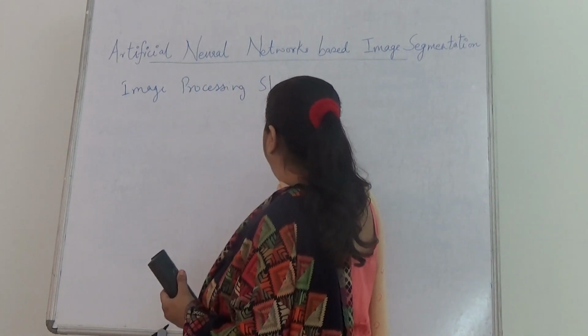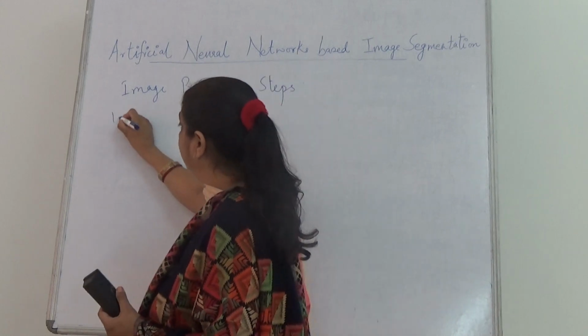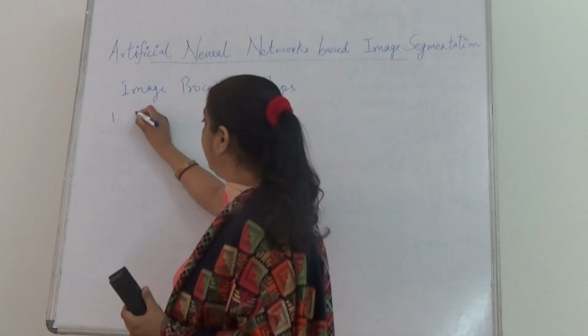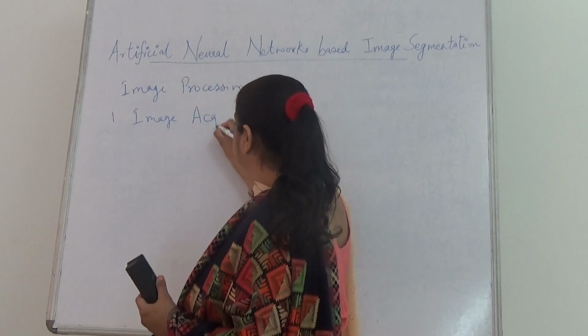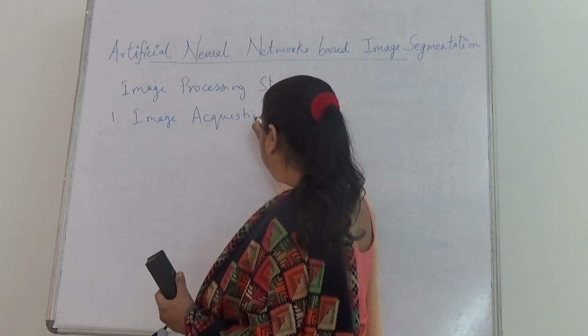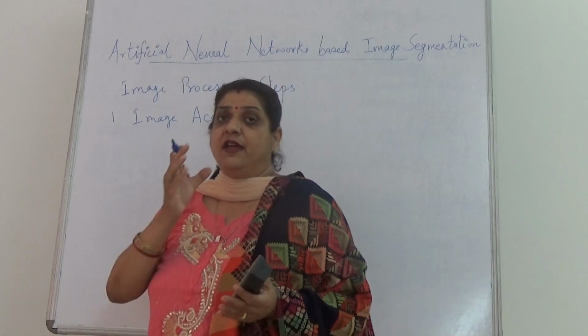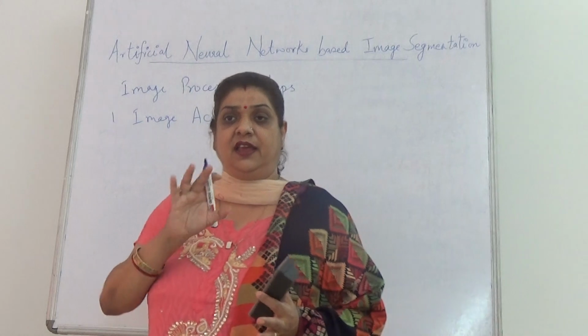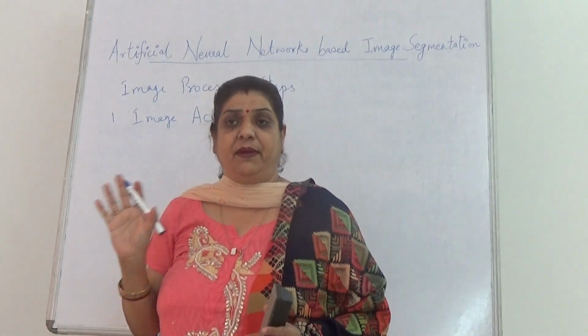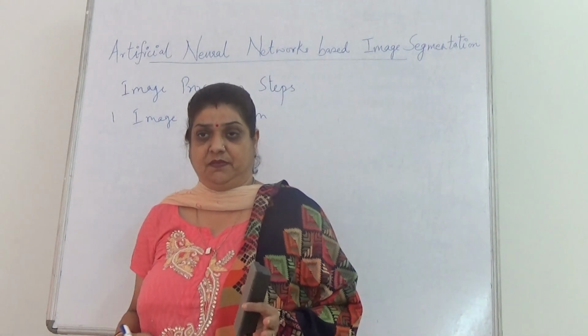The first step under this method is image acquisition. What do you mean by image acquisition? I think you can understand, reading an input image is associated with the image acquisition system.